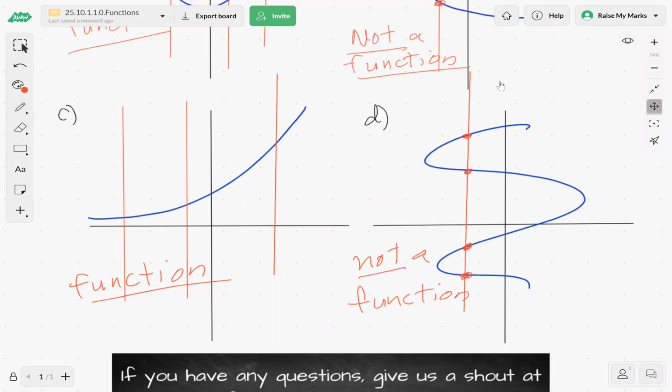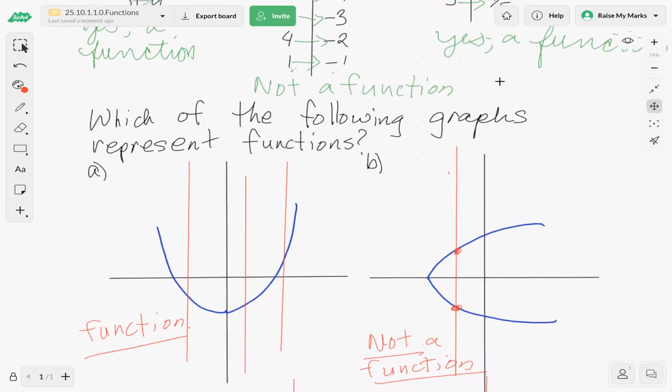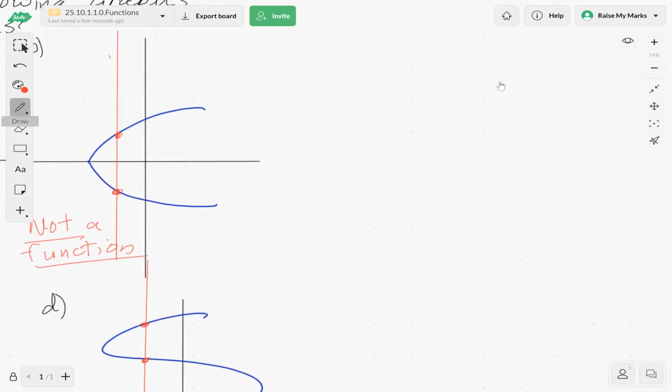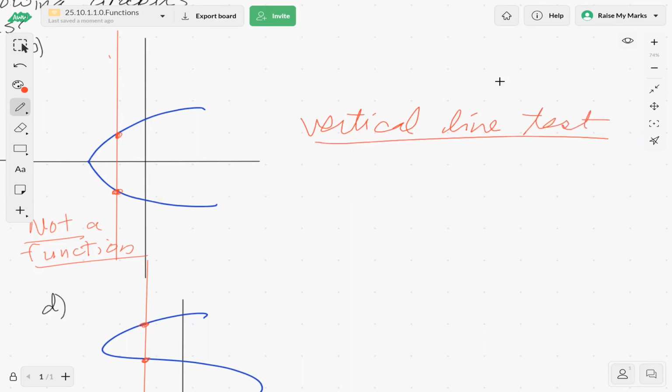So for this question, we use what is called the vertical line test to determine if a given graph of a mapping represents a function.